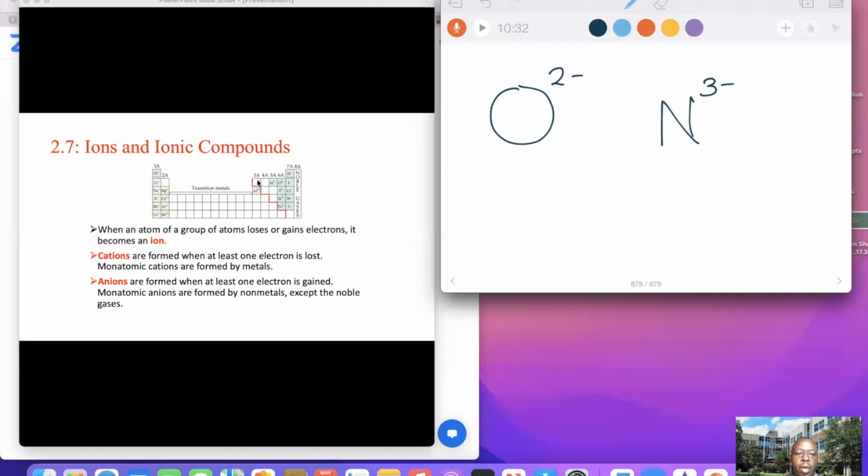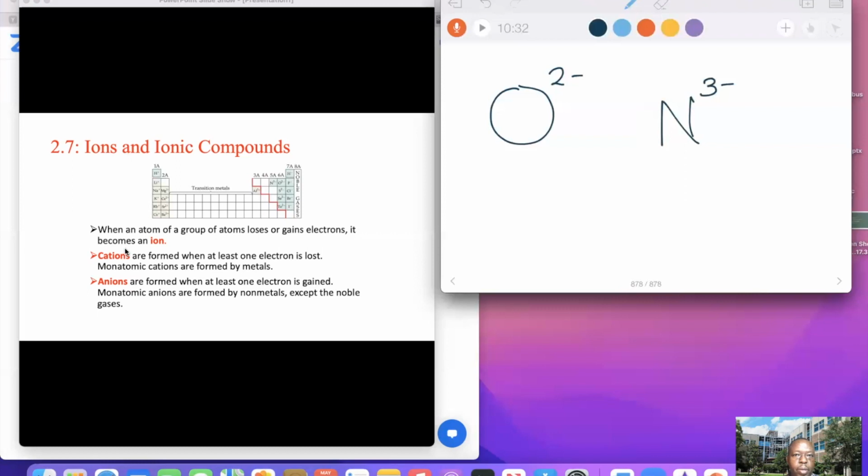Of course, here we have metalloids. You're not going to see that. Tellurium, selenium, sulfur, oxygen in group 6, iodine, bromine, chlorine, and so forth. So understand how the cations and anions are formed. This is very important.